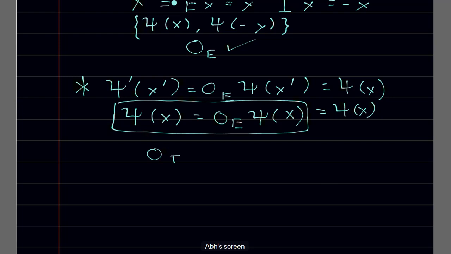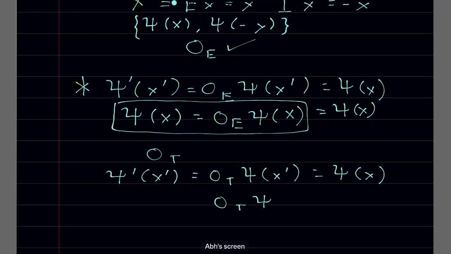Let us look at OT. Let me write the entire thing again. Psi prime of x prime is equal to OT psi of x prime, which is equal to psi of x. Now if you look carefully, this is minus x. So the new coordinate was minus x. So if you are at minus x, then what should you have at this point? Any guesses?